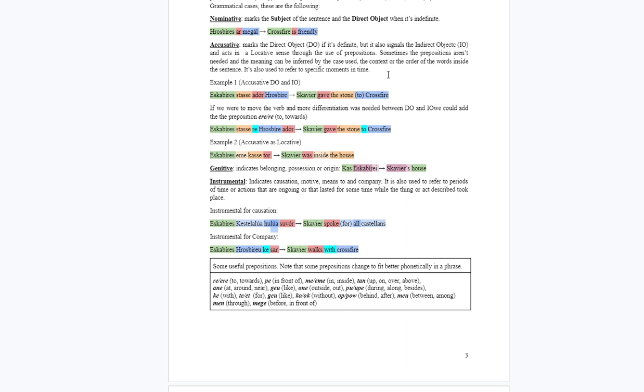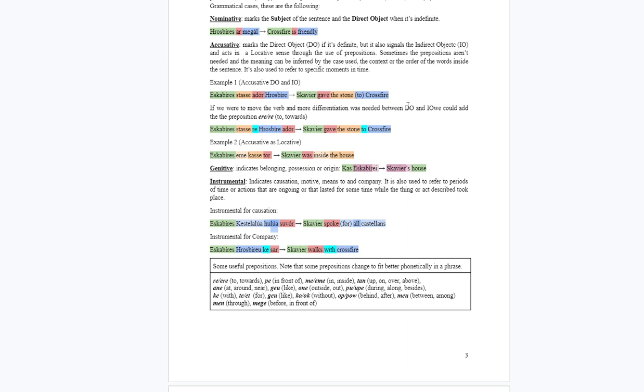We can refer to a specific moment, so a very punctual moment in time, like an event or something that happened really quickly, or to a period of time that lasts, an action that lasts or that continues, a continued action through time.